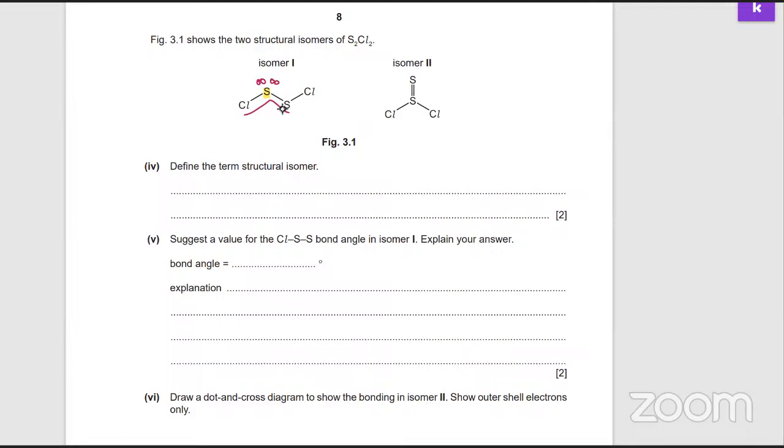If it's got 4 electrons left, what shape will it be? Bent, V-shaped. He's asking for the bond angle.